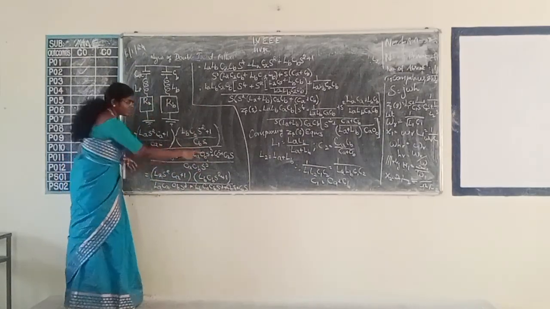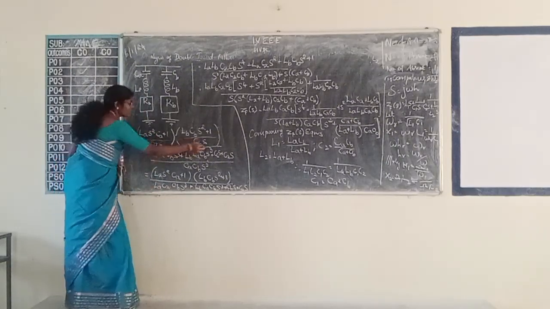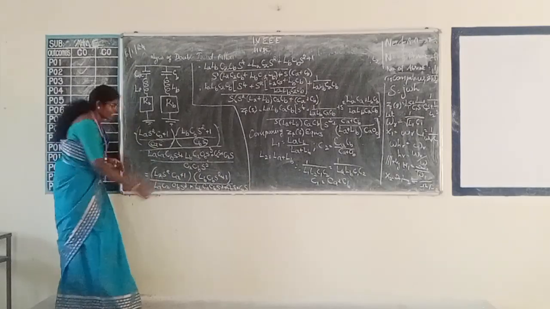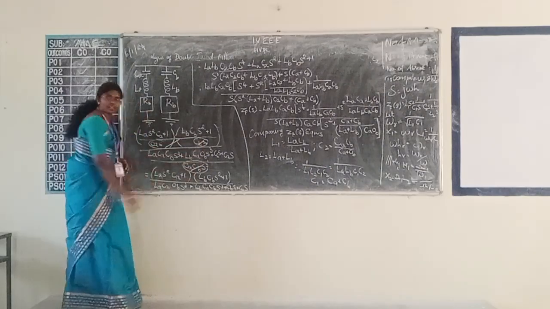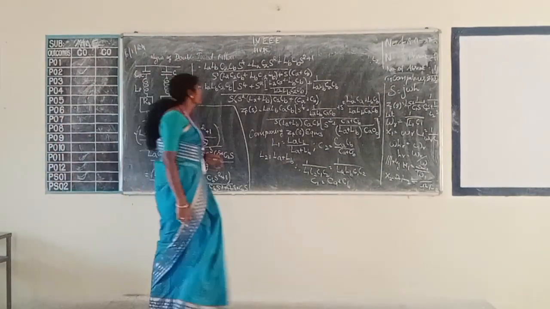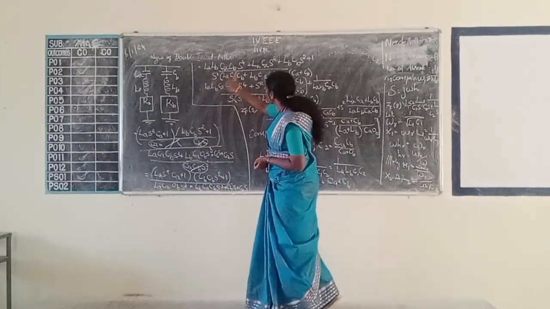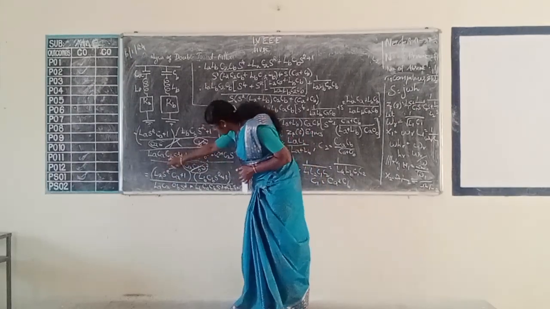In the denominator, these terms will remain the same, only CA plus CB, and CA CB S square will get cancelled. The denominator will remain. The next thing we are going to do is multiply these terms.